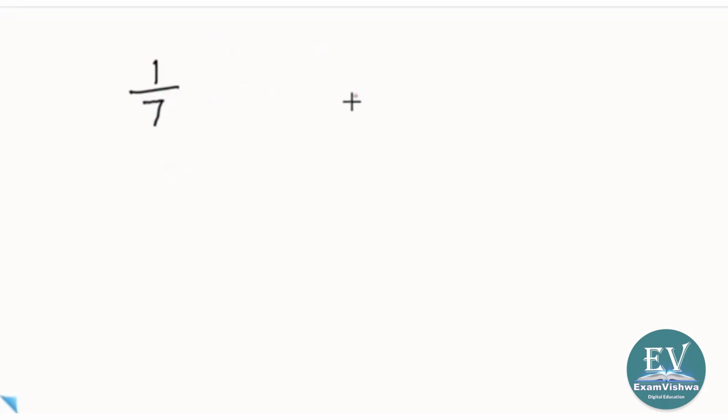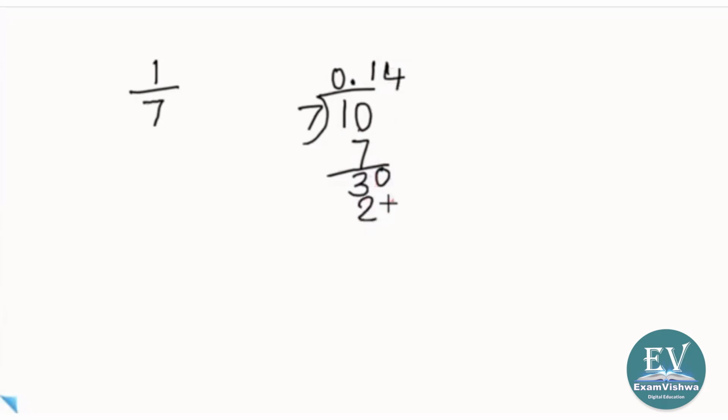So I have to divide 1 with 7. 7 में तो डिवाइड ही नहीं होगा, तो मुझे डेसिमल से स्टार्ट करना पड़ेगा. पॉइंट डाल दिया, इधर 10 डाला, 1 7 are 7, balance 3, 30, 4 7s are 28, balance 2, then 20, then I will get 2 7s are 14, correct?